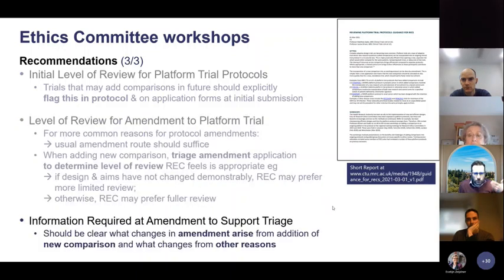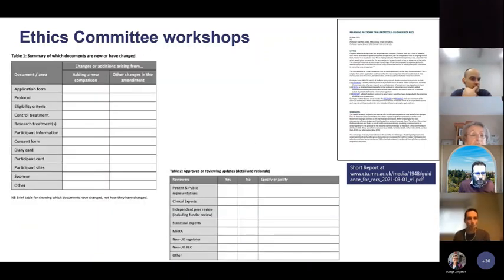But we also try to give them better information to support that triaging. So, we propose covering letters for everybody with a table about what's changed, and whether it results from adding a new comparison or from other amendments. Where are the changes, and can they work out what's a change you need to make anyway, because sometimes protocols need to change over time, and what's from adding?